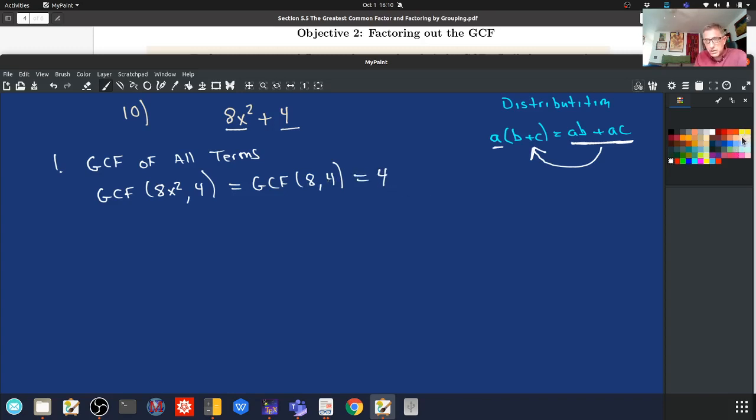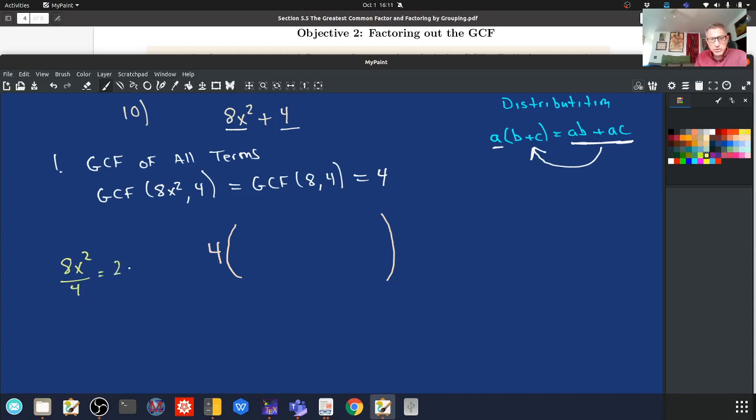So here starts the thing. I write my GCF on a line by its own, and then I put parentheses there. Then I look at my original expression. 8x squared divided by 4, over here on the side or in my head, I'm doing 8x squared divided by 4.